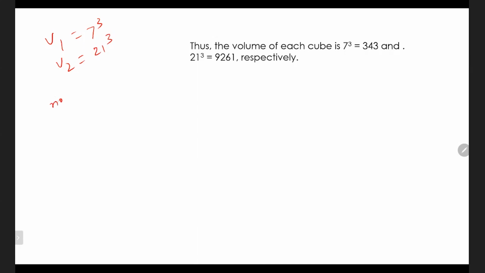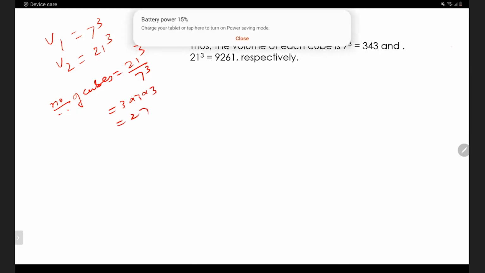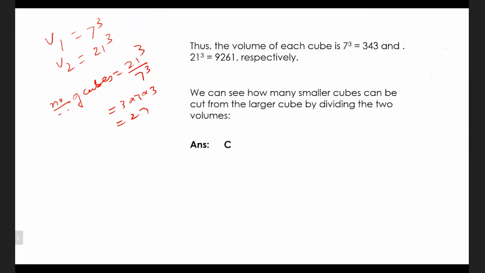So the number of cubes will be equal to 21 cube by 7 cube. That is 3 into 3 into 3, that is 27. So this is the thing. Please note it fast, quick.